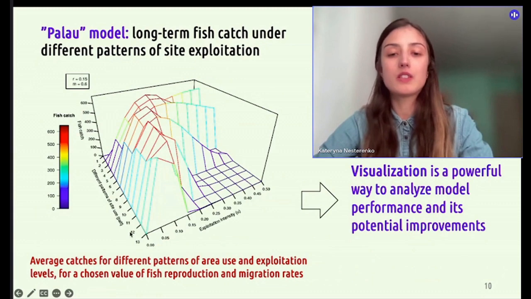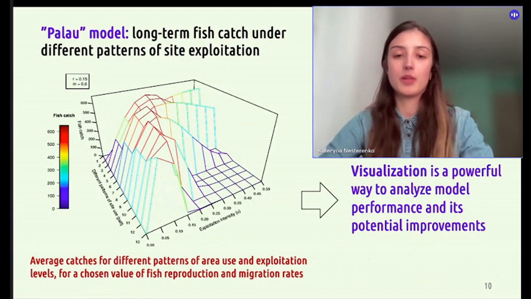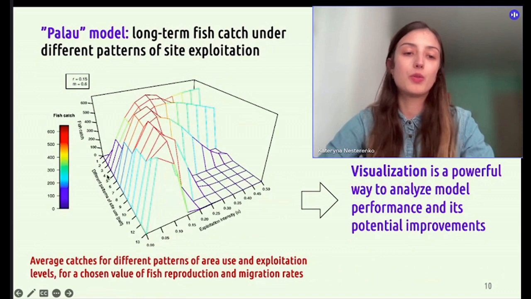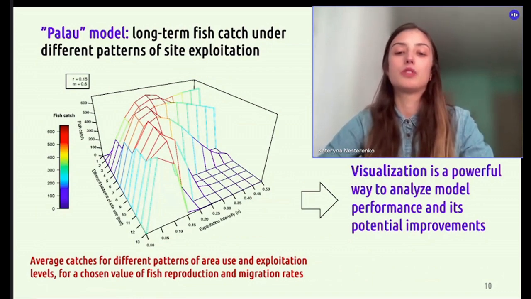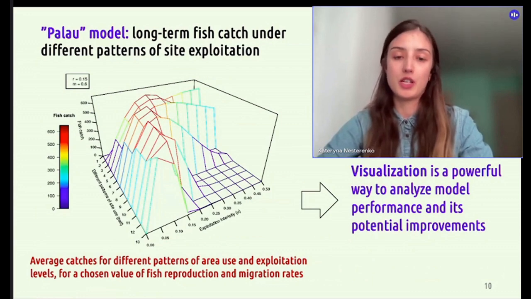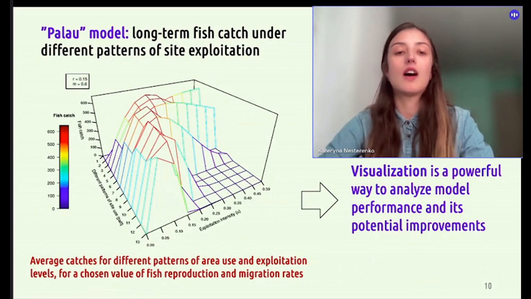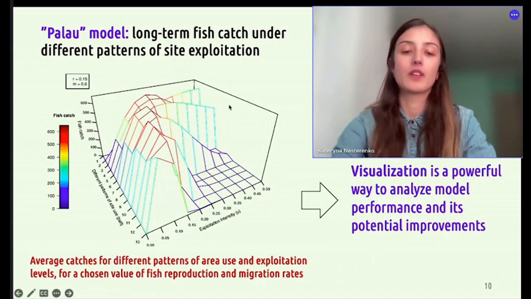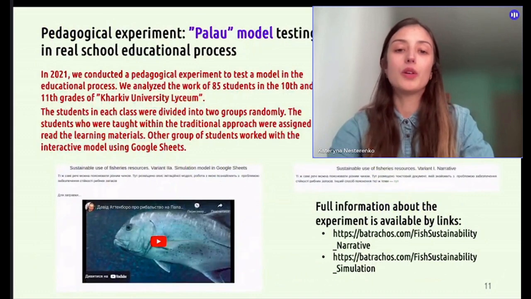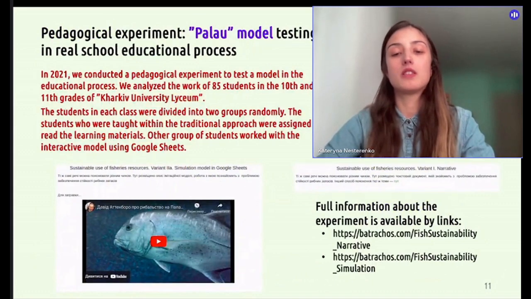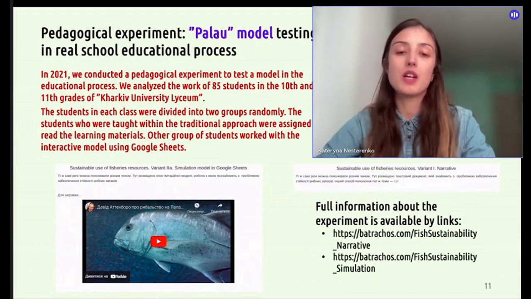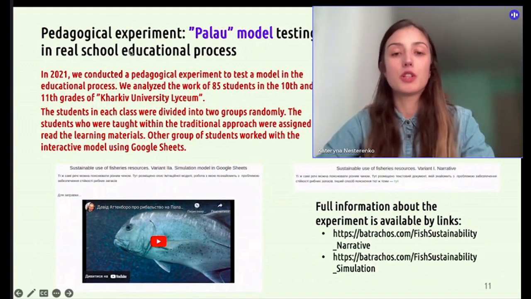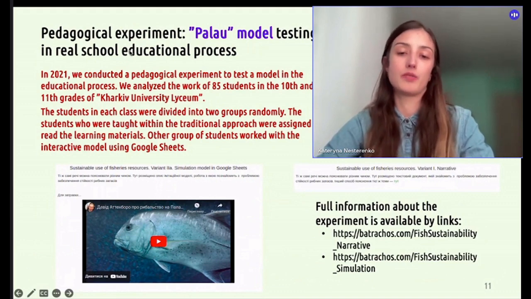Our findings revealed that certain site distribution patterns, such as pattern 3 and 4, with selective harvesting from 2 out of 6 fishing sites, resulted in the highest and stable long-term catch values. We offered students of grades 10 and 11 at the Kharkiv University Lyceum 2 types of tasks: the traditional one and work with an interactive model.